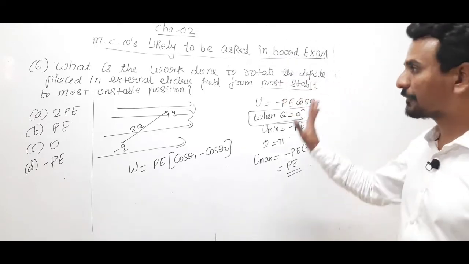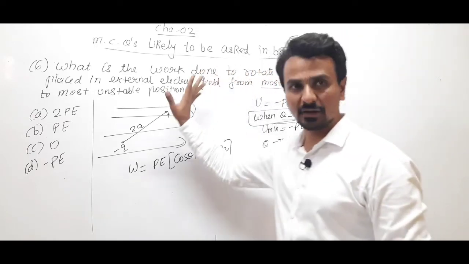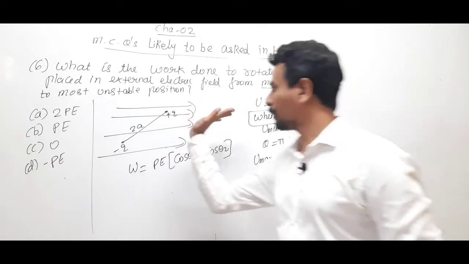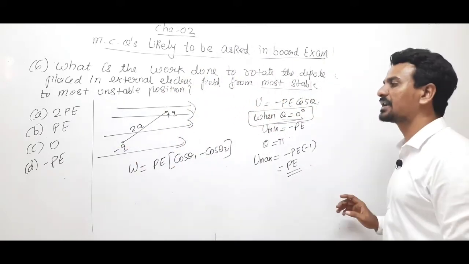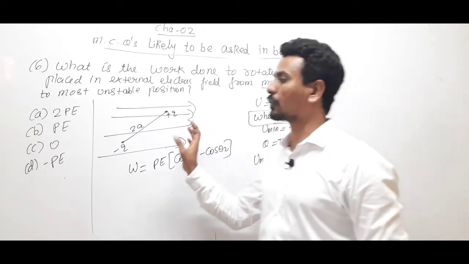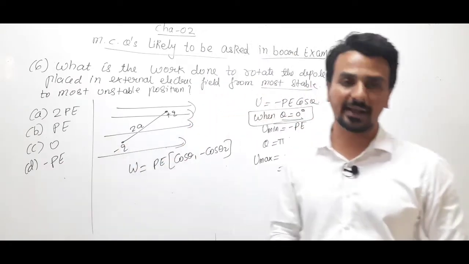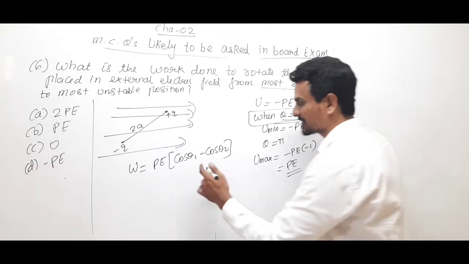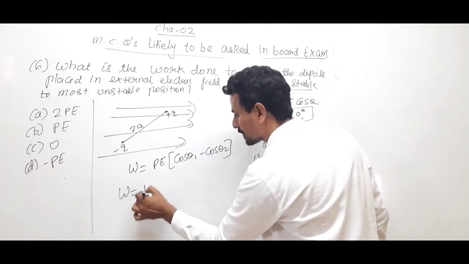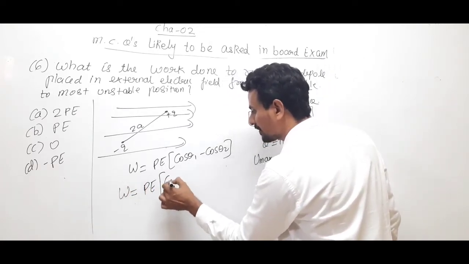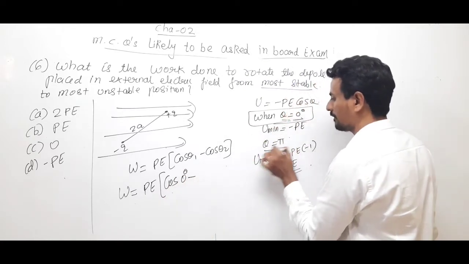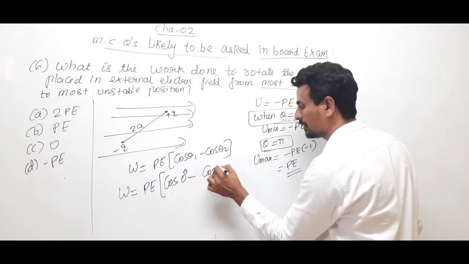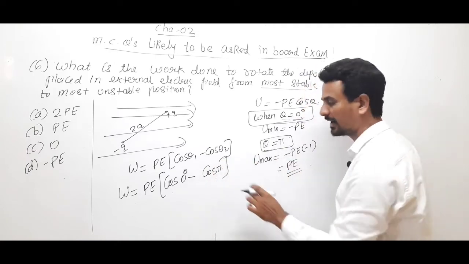Got it? So now we have been told to calculate the work done to rotate the dipole from most stable to most unstable position. That means we have been told to calculate the work done to rotate the dipole from 0 to 180. So we'll substitute in this equation. Work done is equal to PE. Initial angle should be 0, most stable, minus most unstable, right? 180.